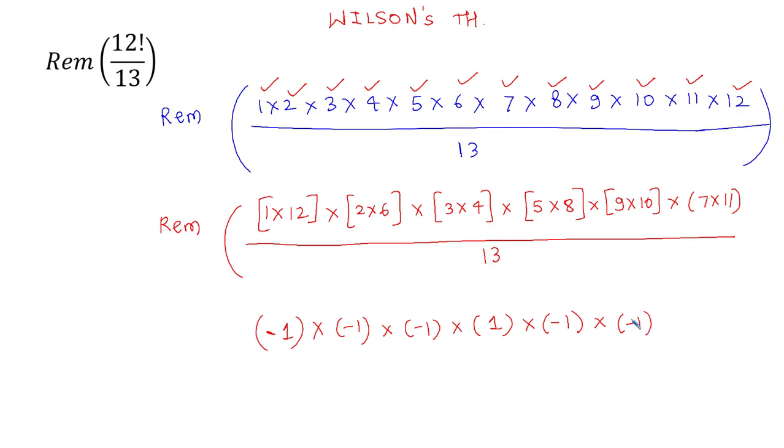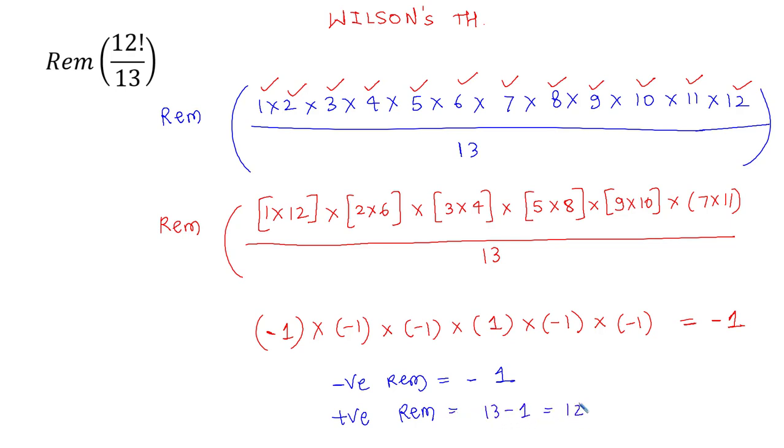So the final remainder is going to be minus 1 into minus 1 five times into plus 1, which is minus 1. Okay everyone, so after dividing it by 13, the negative remainder is minus 1. The positive remainder is going to be 13 minus 1, that is equal to 12.